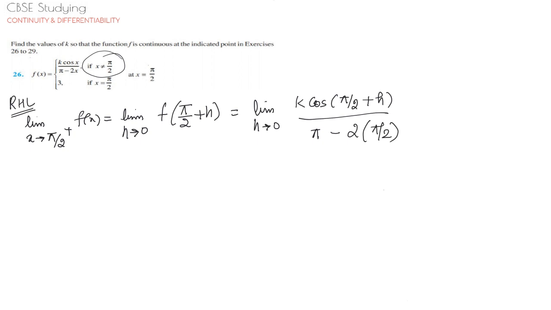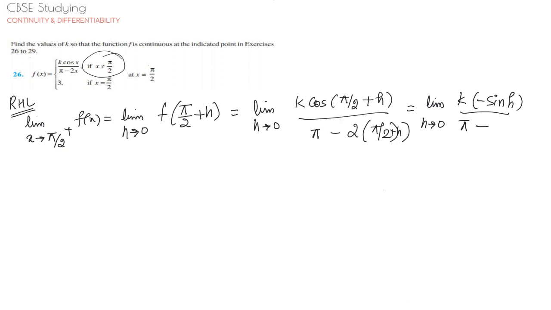So you know that cos 90 plus theta is what? Minus sin theta. So limit h tends to 0, k into minus sin h by pi minus, okay, this is pi plus h.